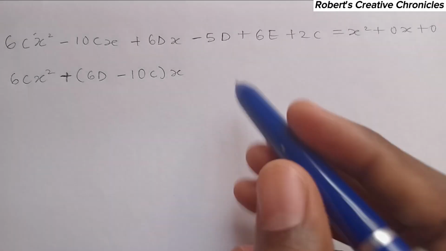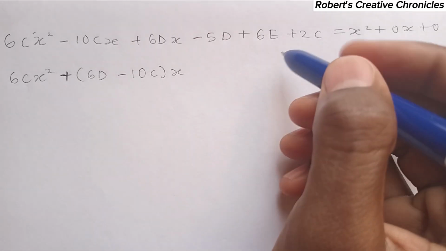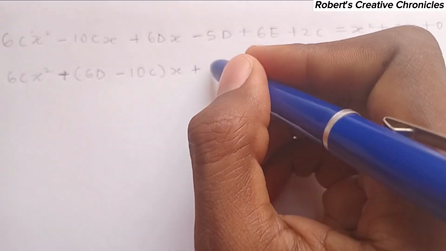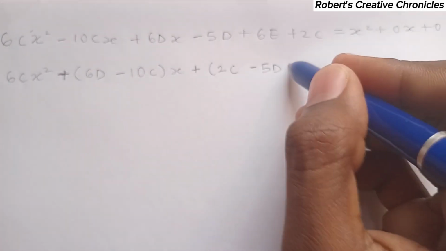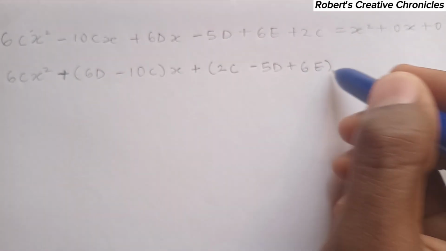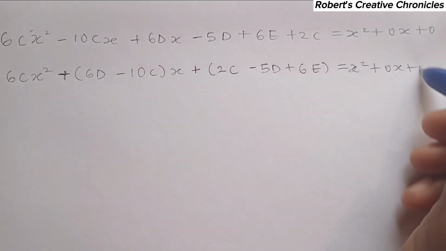Then we'll put all the constants together. So this becomes what? I'll start with 2c, going to be plus 2c minus 5d plus 6e. Then this is equal to x squared plus 0x plus 0.